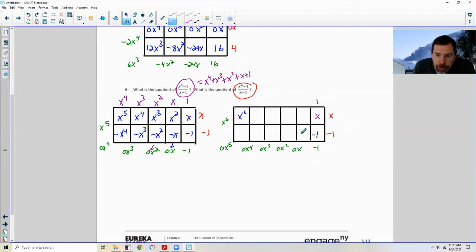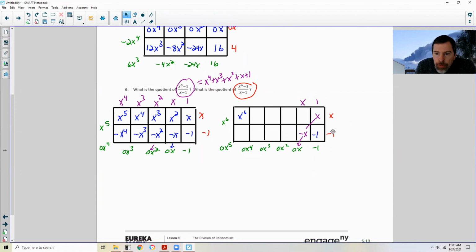Well, I need 0x, so this is the opposite. X plus a negative x will give me 0x. So it's this diagonal giving me this sum and continuing throughout. All right, so now that I have this -x here, then I just work off of this -1. Well, -1 times -x is x.